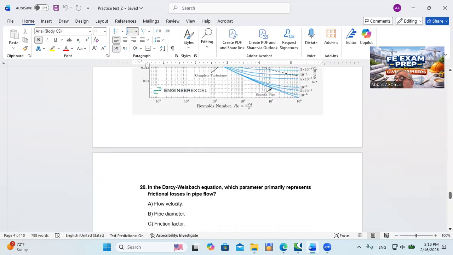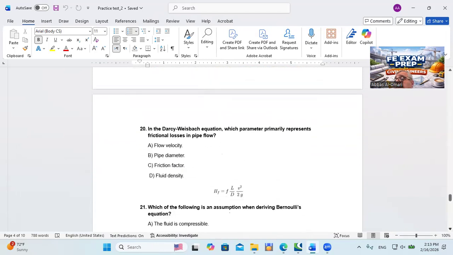The next question: in the Darcy-Weisbach equation, which parameter primarily represents frictional losses in pipe flow? Again, this is about head loss. The Darcy-Weisbach equation is used to determine head loss in pipe flow.